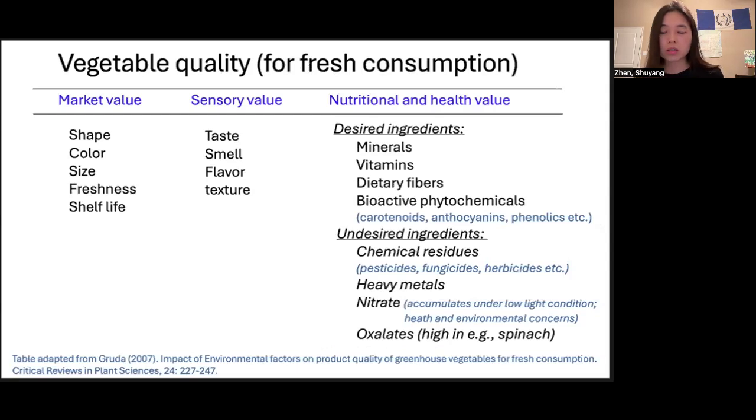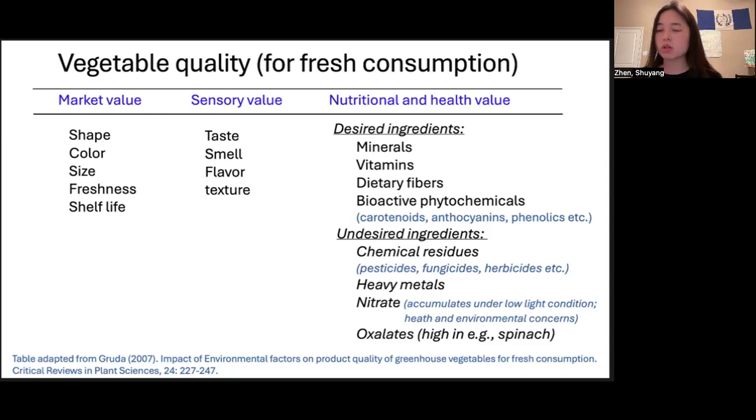Crop quality is a broad term and includes traits such as shape, color, size that influence market value, other traits such as the smell, taste, flavor, and texture that affect the sensory value of those food crops.